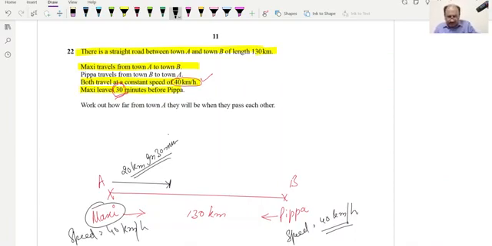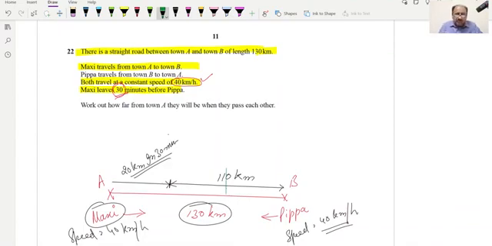Now the remaining distance is what? Total distance was 130. Out of 130, 20 kilometers is already covered, so this is 110 kilometers which is the remaining distance. Now this remaining distance both will cover with the same speed, so half of this distance will be covered by each one.